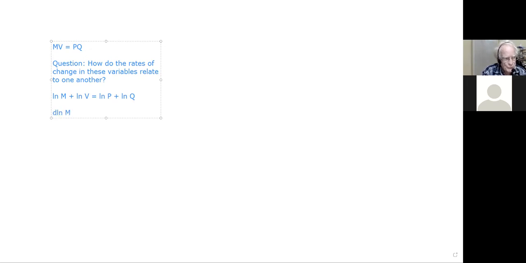So there's the differential for money and the differential for velocity, and the same thing on the right-hand side. By d, I mean the change over time in that variable.